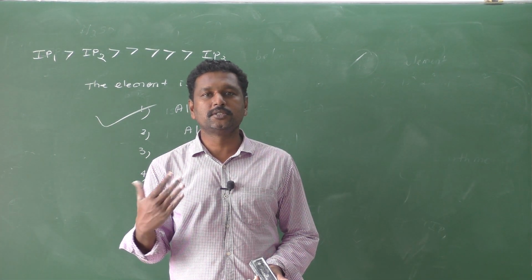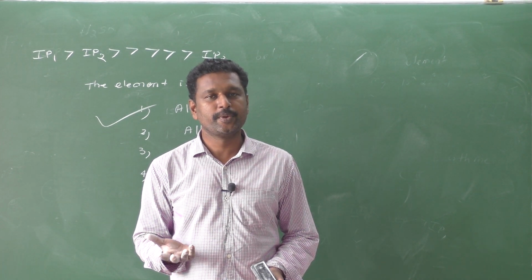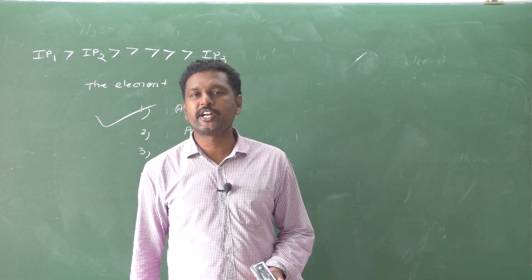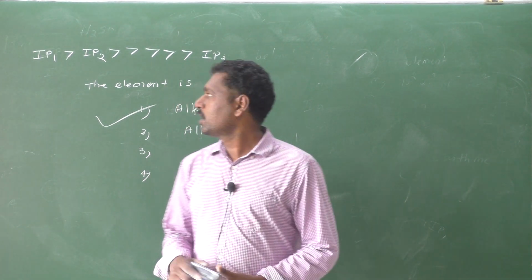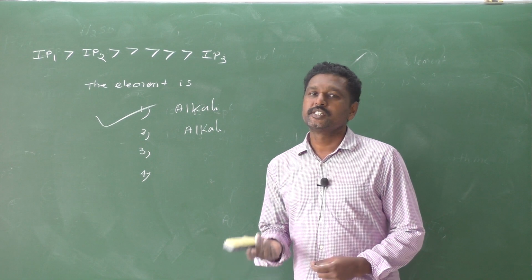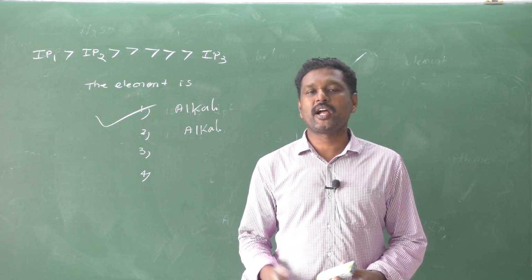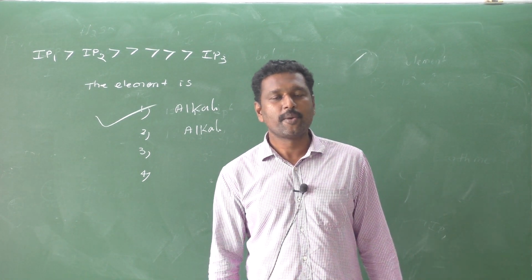If the jump is between third and fourth, that is the third A group. Sometimes they ask about the elements also, and they will give the symbols. So this is about sudden jumps and successive IP values of the ionization potential.